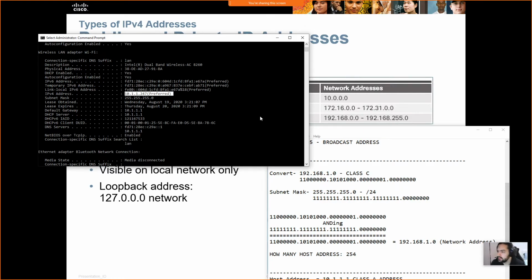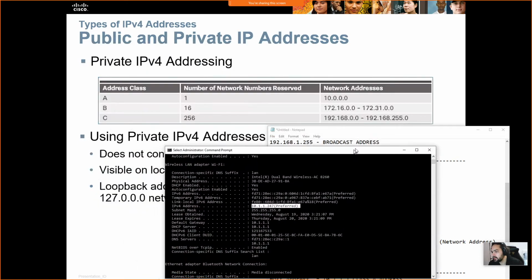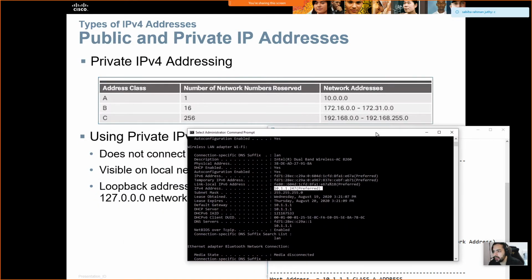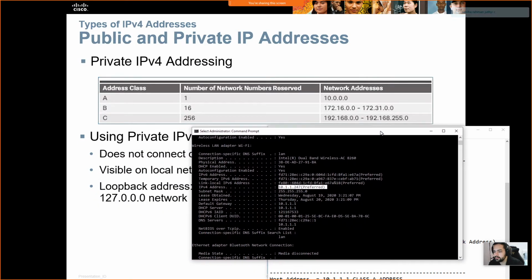Which class is this address, guys? Class A. Okay, it actually has a different subnet mask. So this is actually not a class A address because these actually don't belong in here.